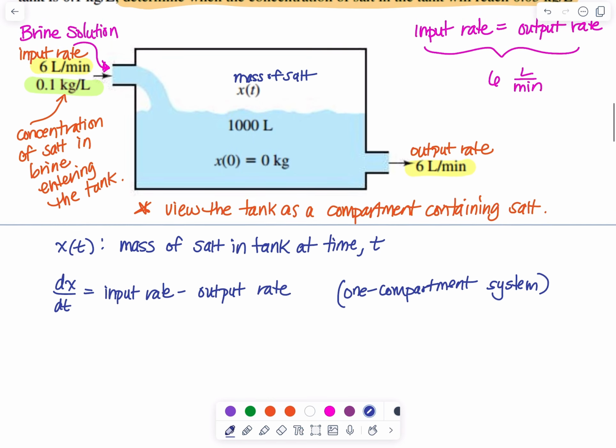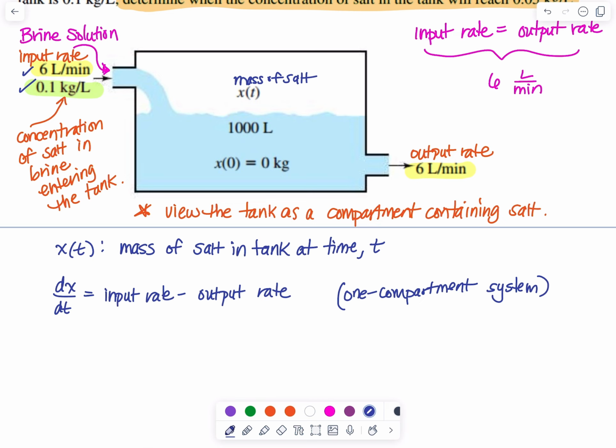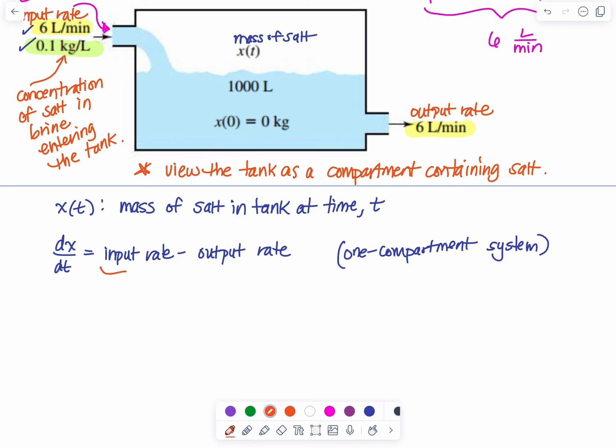And since that concentration is 0.1 kilograms per liter, we can conclude that the input rate is 6 liters per minute times (0.1 kilogram per liter). And that's going to give us an input rate of 0.6 kilograms per minute. And that is our input rate.